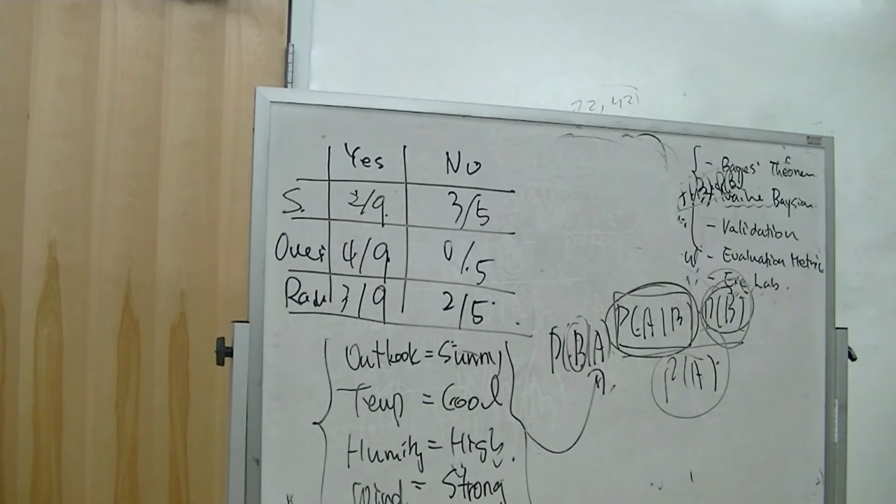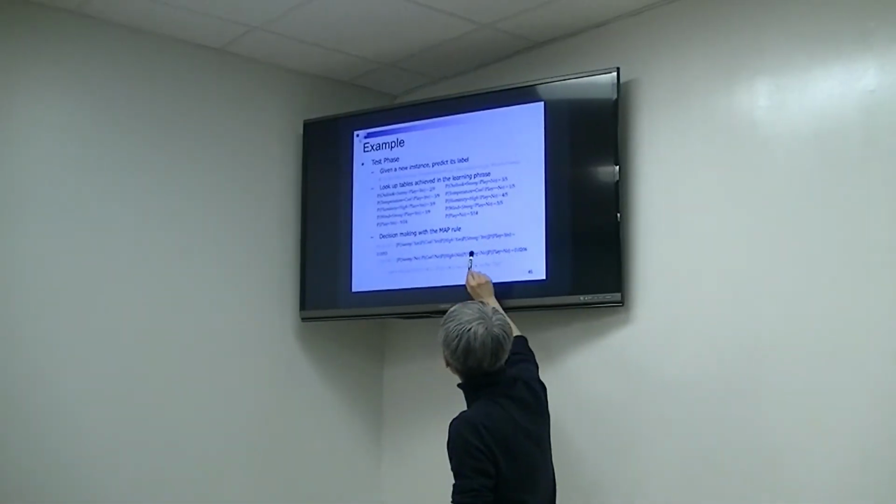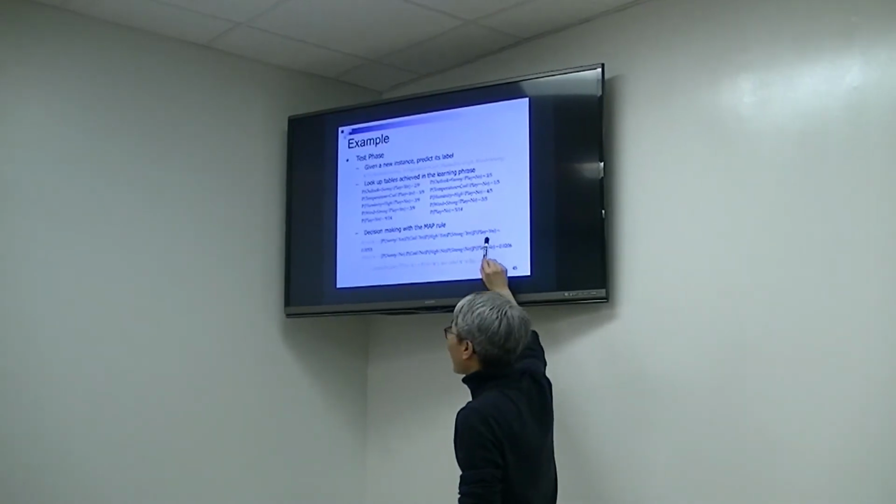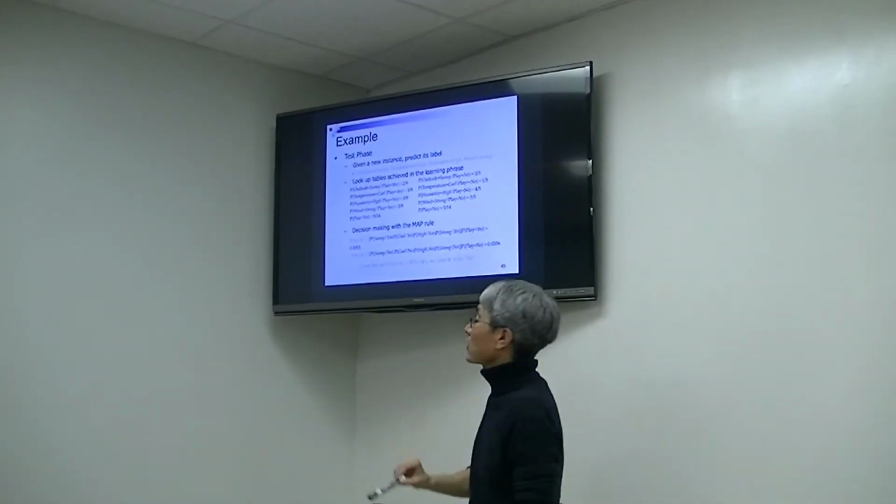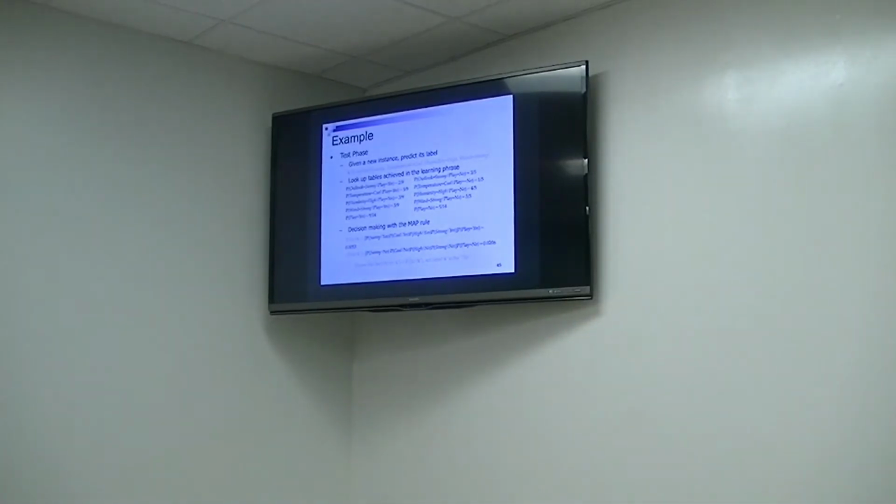So the plane case is 0.0053. And for not plane, the no case, with 5 over 14, that is 0.02.